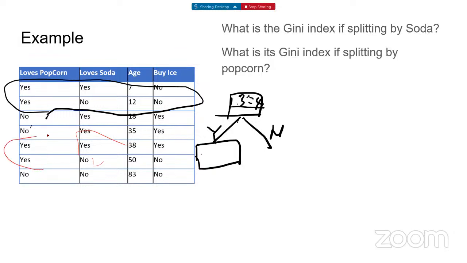So in this group who love popcorn, how many said yes, how many said no? Yes is 1, right? This one. That's the only case among people who love popcorn.